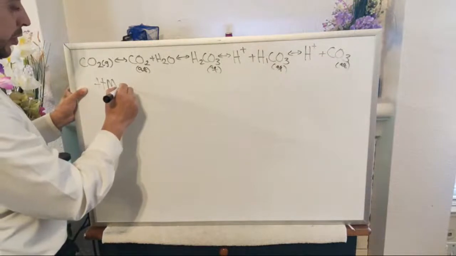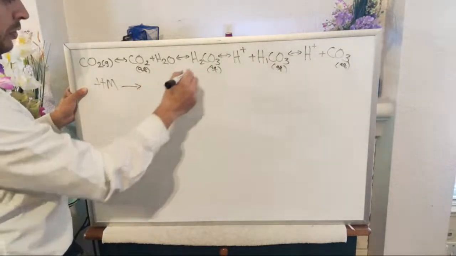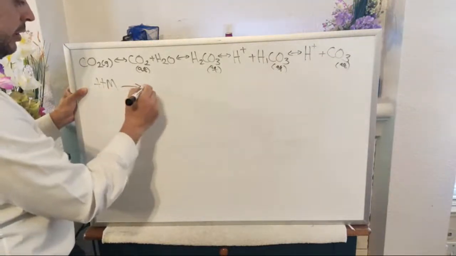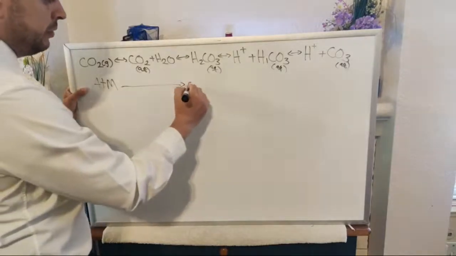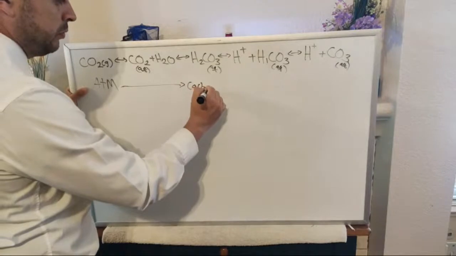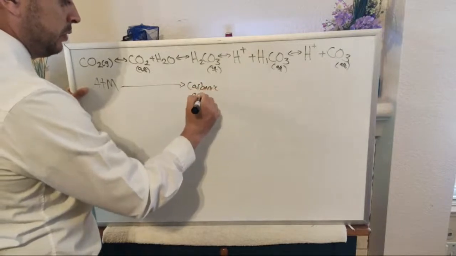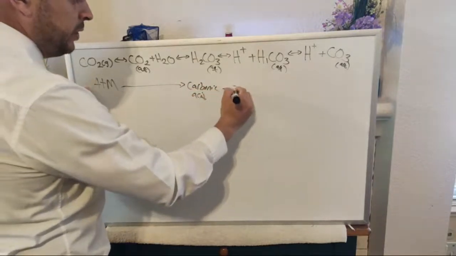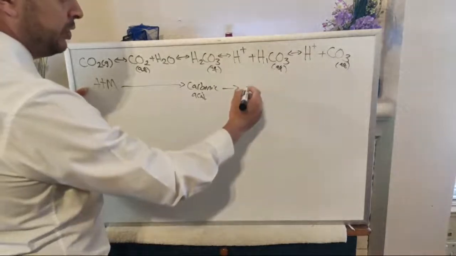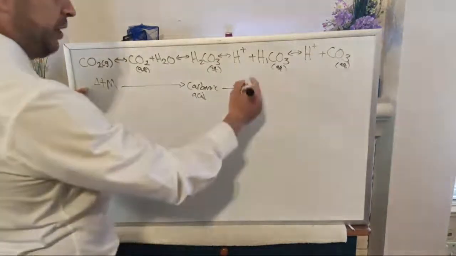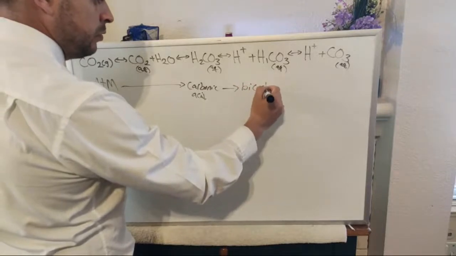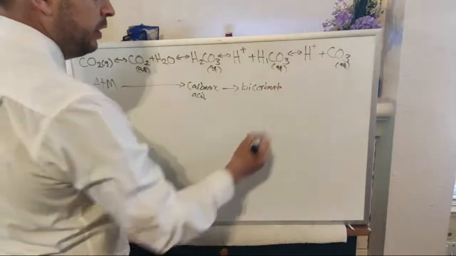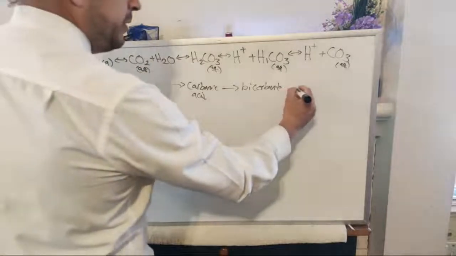So from CO2, you'll eventually get carbonic acid, which goes into bicarbonate, which goes to carbonate.